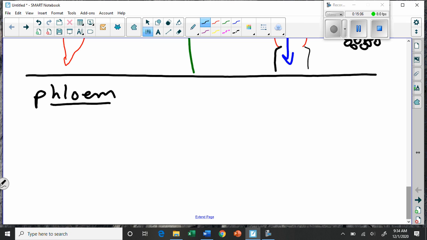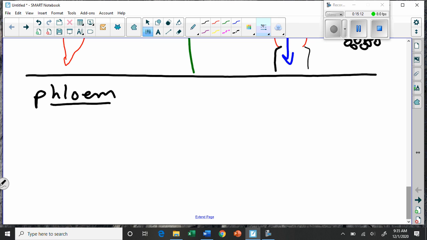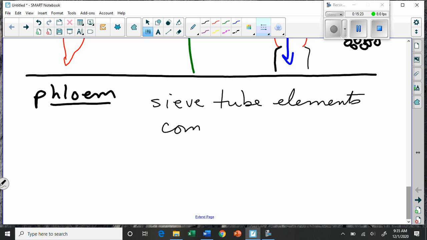So the phloem is made of two specialized kinds of cells as well, and these are called sieve tube elements and companion cells. Okay, phloem is alive. It is not dead.